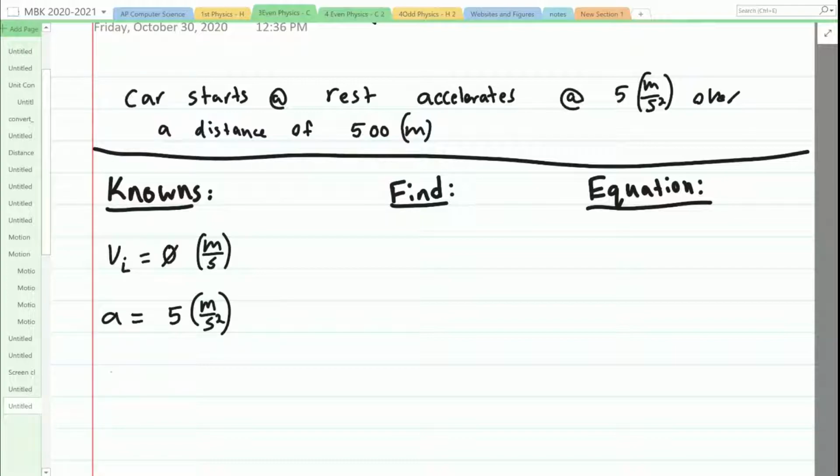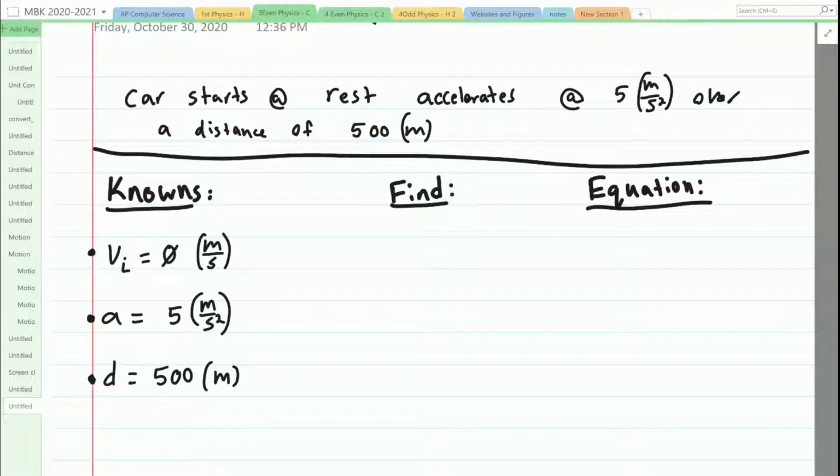And then it goes a distance of 500 meters. So I do not have to convert any of my given values because they're all in the base units.